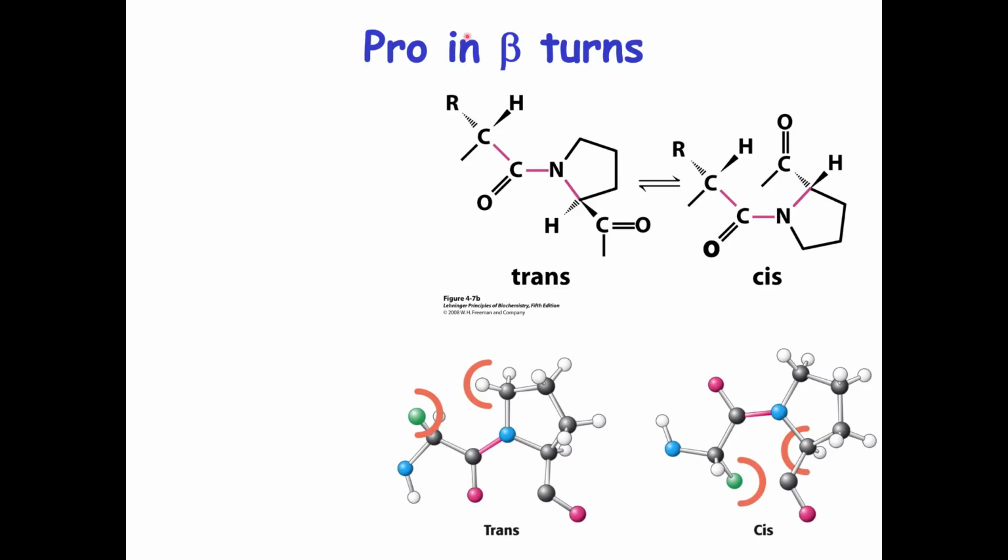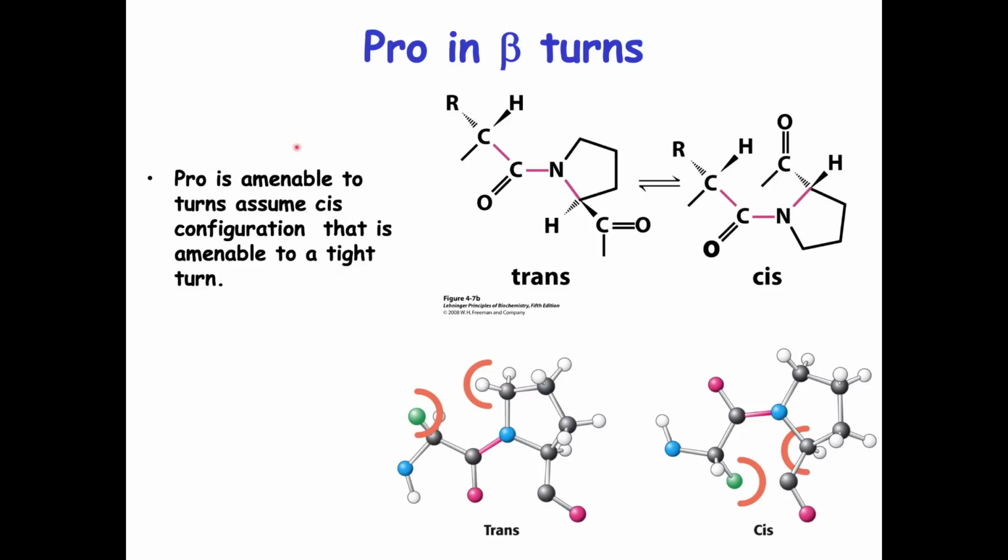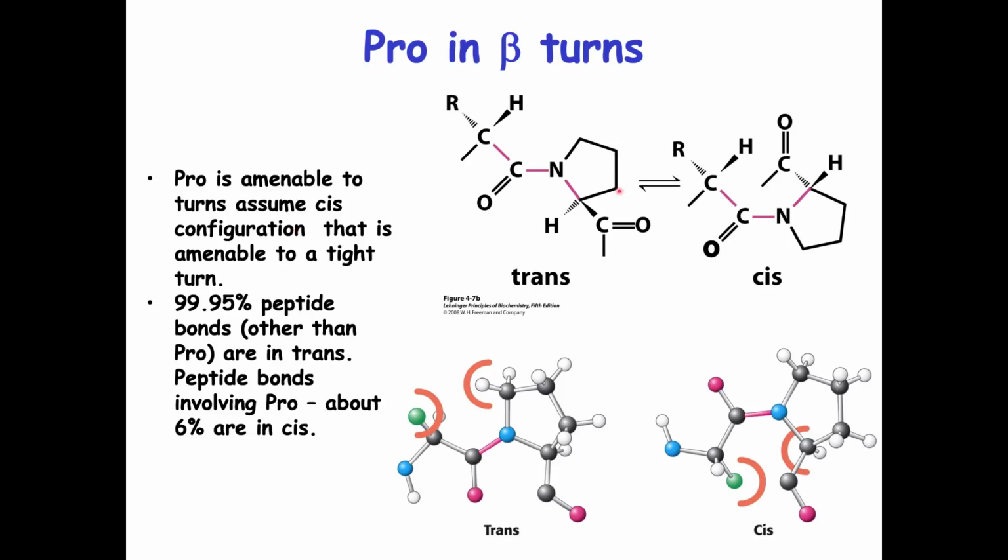So prolines are often found in beta turns, and that is because proline is amenable to forming the cis configuration that is amenable to a very tight turn. And here we see the trans and cis forms of proline, and then here is the general representation.